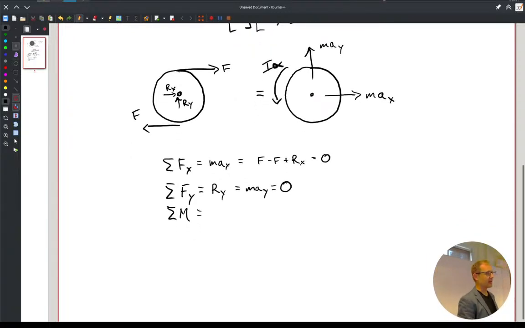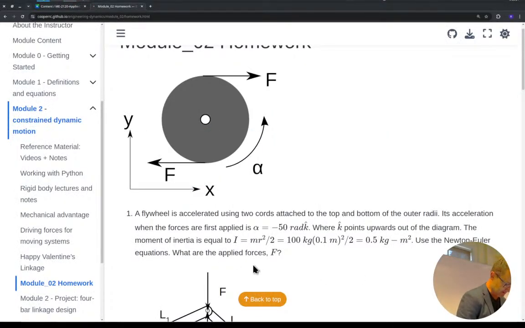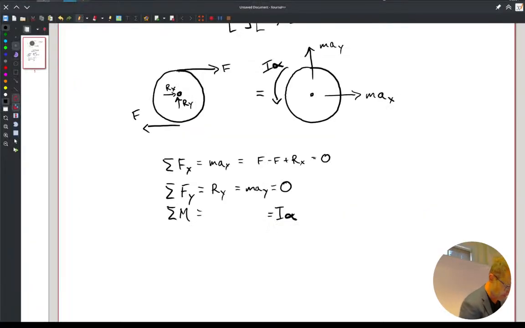What does my moment look like? How much torque is there? We know that it's equal to I times alpha, but what are the forces? What are the torques there? Yeah, so we know how big it is. Maybe we can write down the givens. R is 0.1.